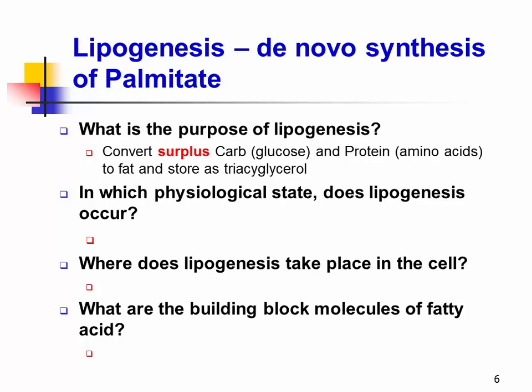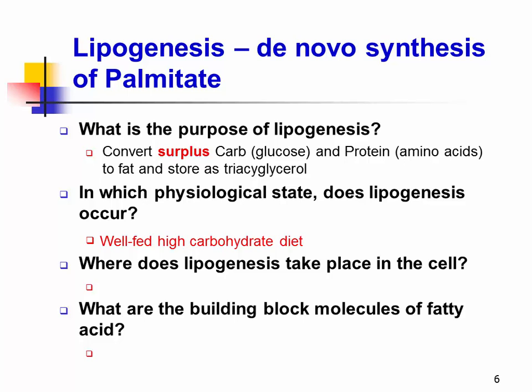This is the main purpose of lipogenesis, particularly in the fed condition, and especially when we eat a high carbohydrate diet. So a high carbohydrate diet can strongly stimulate lipogenesis.